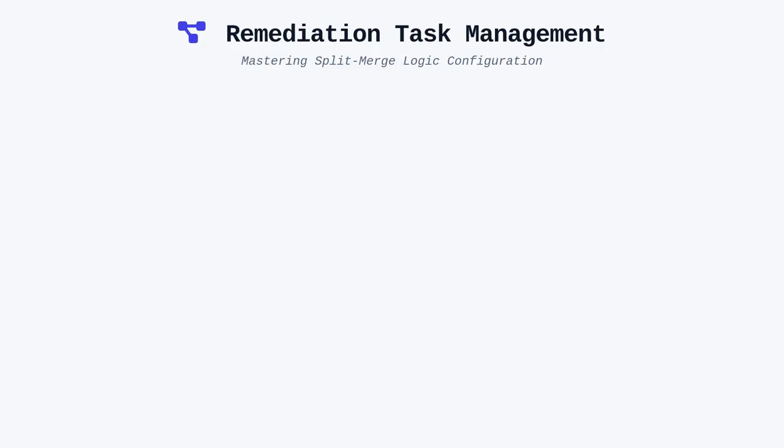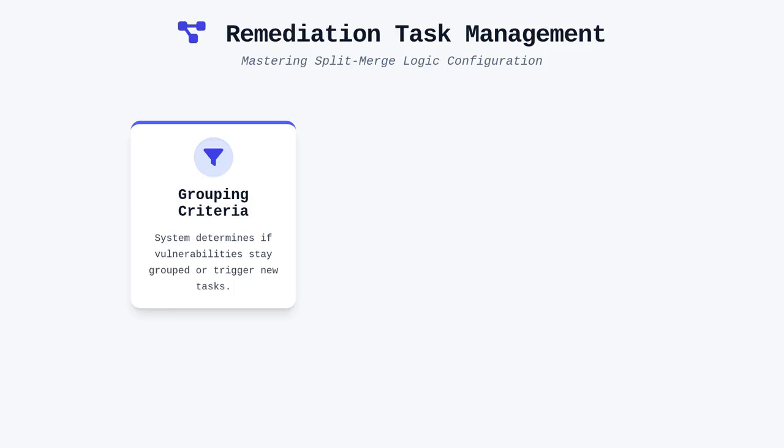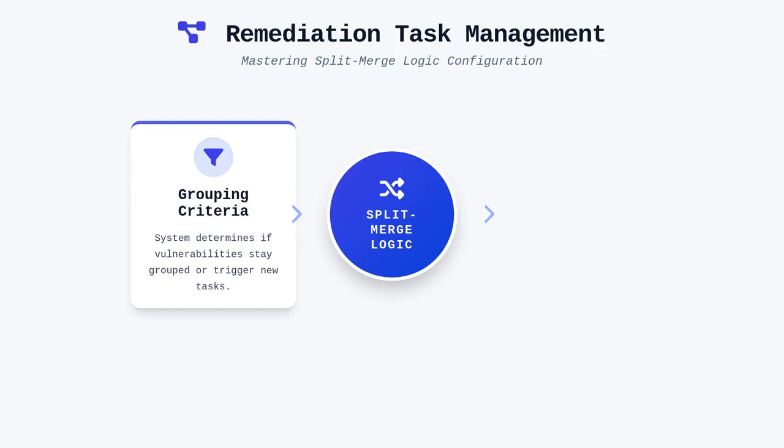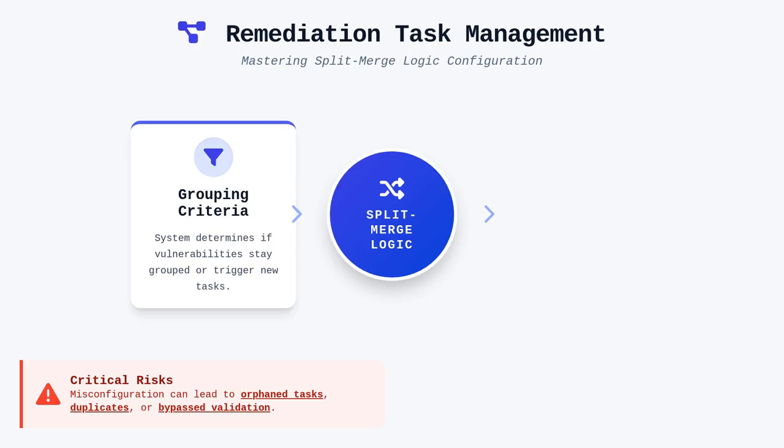One of the most complex areas of remediation task management is the configuration of split-merge logic. When vulnerabilities are grouped, the system uses specific criteria to determine if a vulnerability should remain within an existing remediation task or trigger the creation of a new, separate task. If you modify the underlying grouping rules, you must be aware of how the system handles existing records to avoid orphan tasks or duplicates.